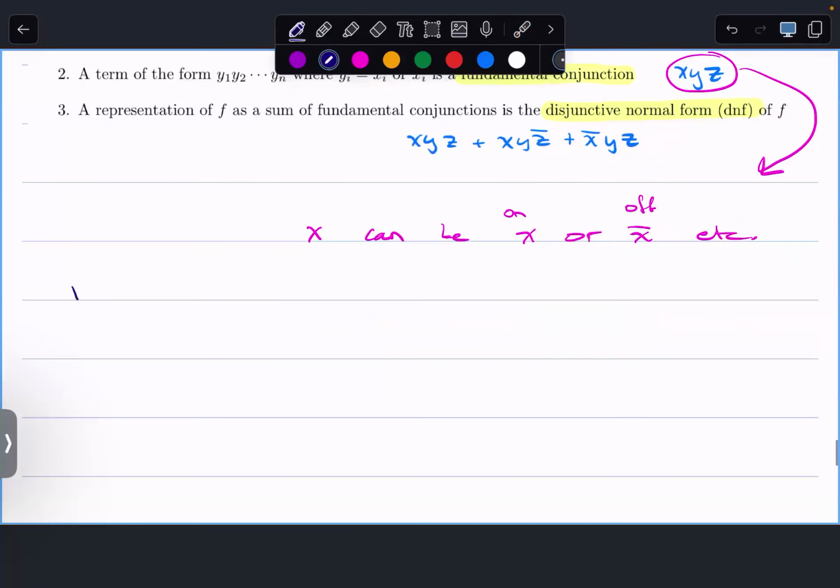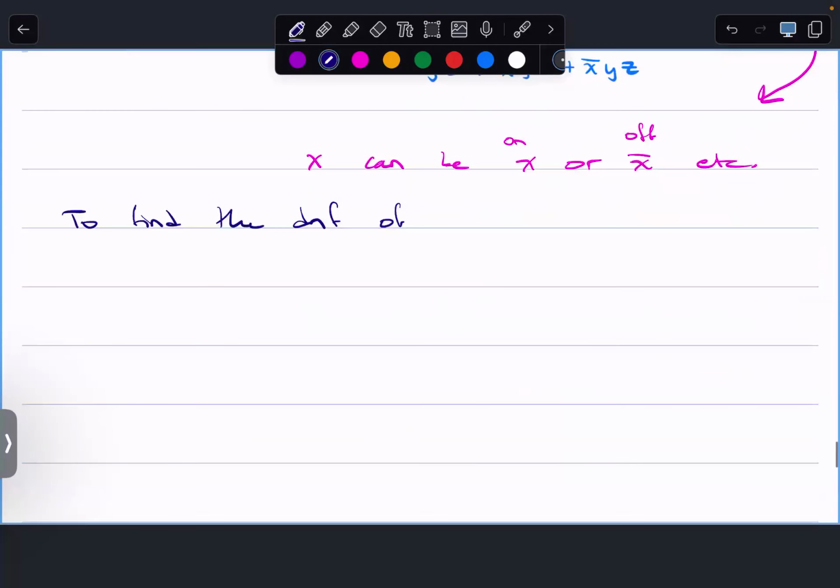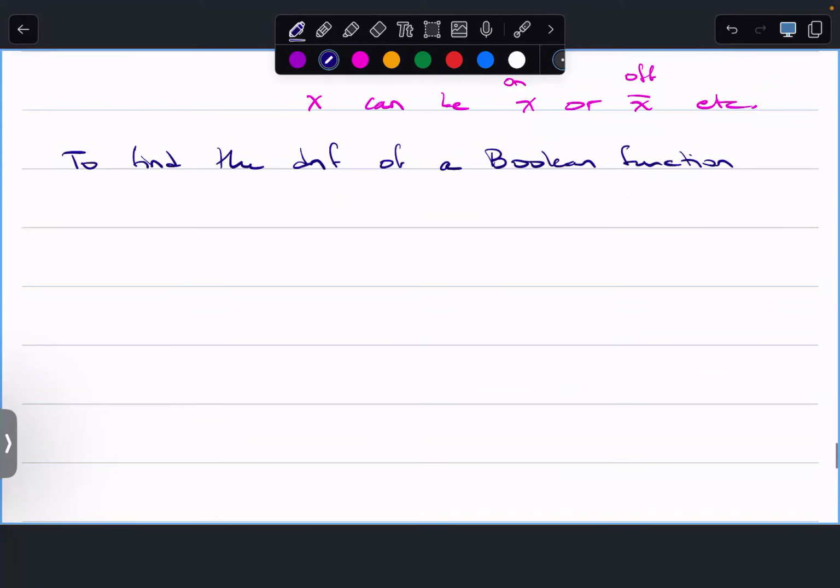So to find the DNF of a Boolean function, we can either make a truth table.